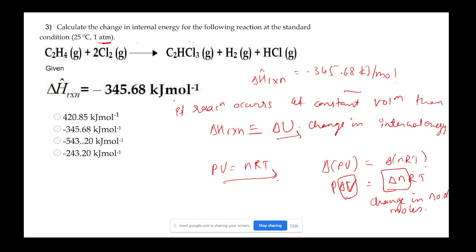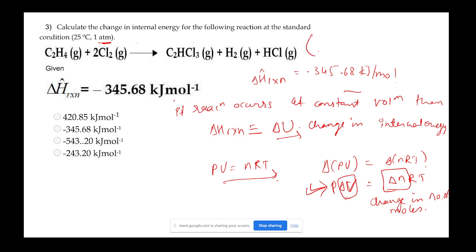So for this reaction, C2H4 plus 2Cl2 gives me C2HCl3 plus H2 plus HCl. Since this equation is applicable only for gaseous components, all the gaseous components of the reaction should be considered.